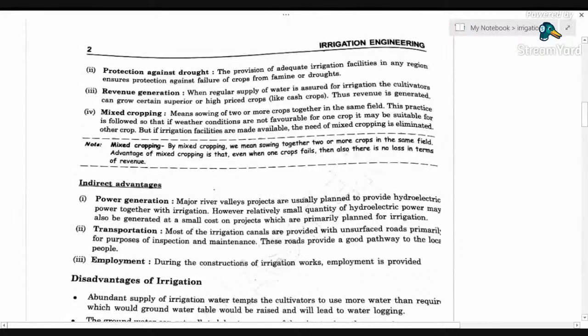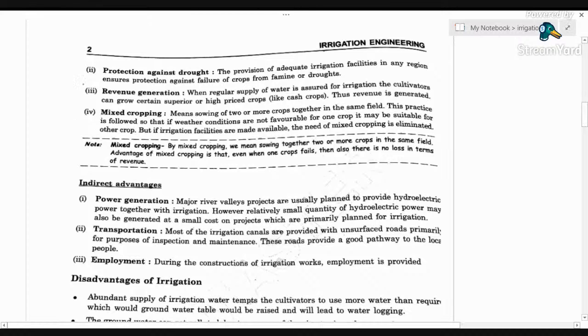Second is protection against drought. Protection against drought means suppose the area where the water is not available for irrigation or for crop yield, then some drought famine condition will arise. So in order to avoid such conditions, we have to supply continuous water to a particular field.